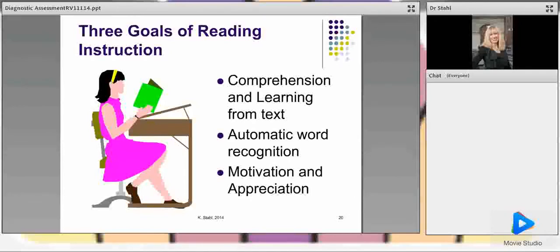And we also want children to be able to enjoy reading and be motivated. And so these things do not operate in a silo. You can't really comprehend text if you're not recognizing words automatically. Nor can you enjoy text if you're not comprehending it or if the reading is tedious. So these things really work together.